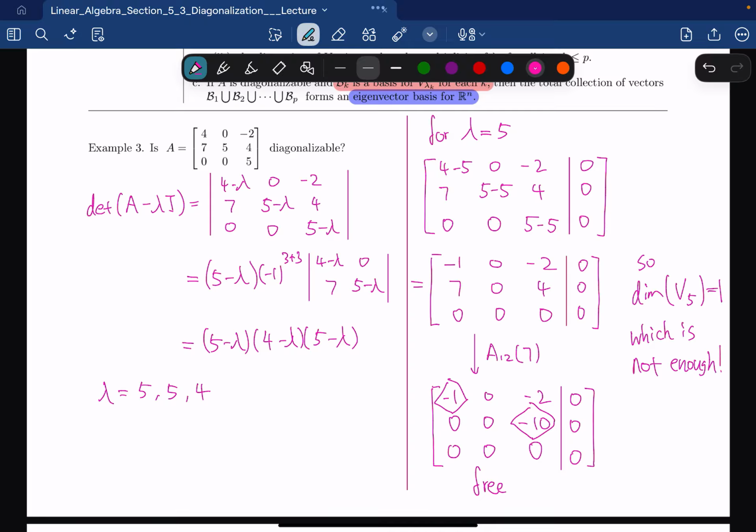Because we need the dimension of this eigenspace to equal the multiplicity of the eigenvalue. That's it. Therefore, A is not diagonalizable by theorem 5.7.